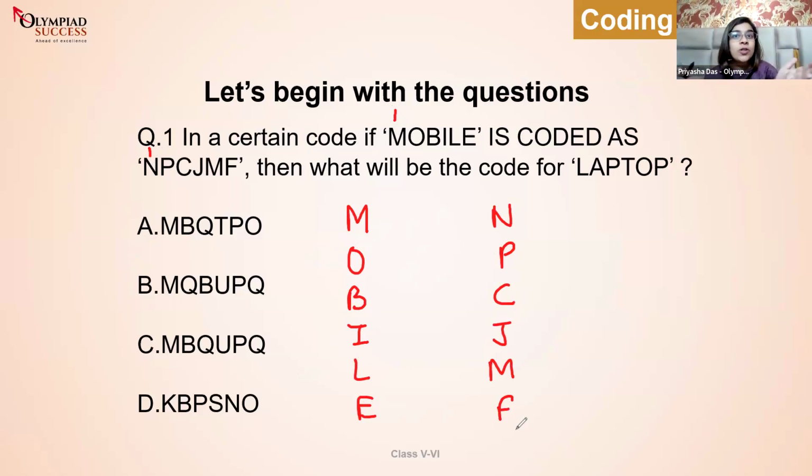Even if you don't know the position of these letters, it really doesn't matter in this question because they are so close to each other. Like literally the next letter, isn't it? Yes.